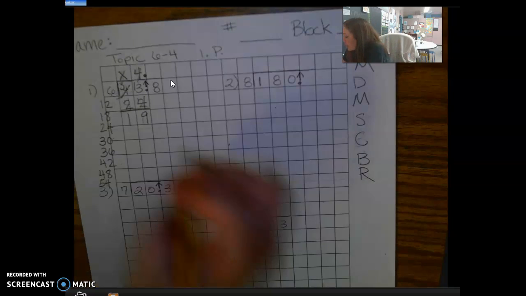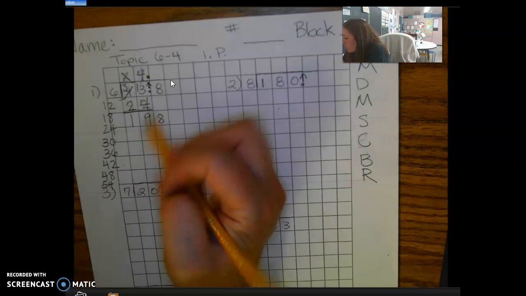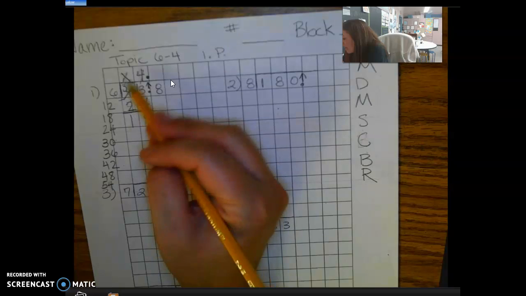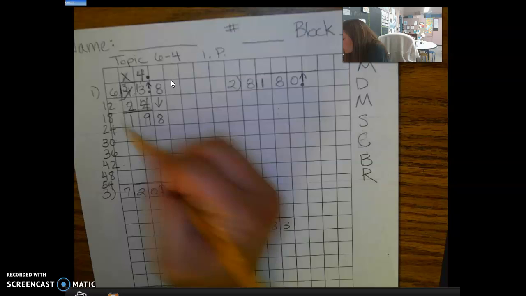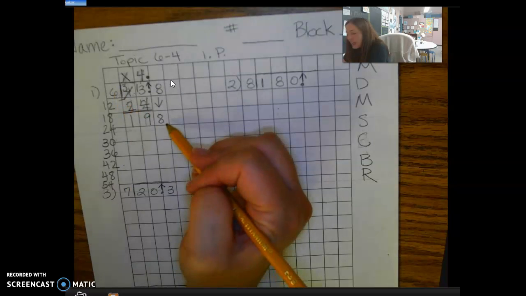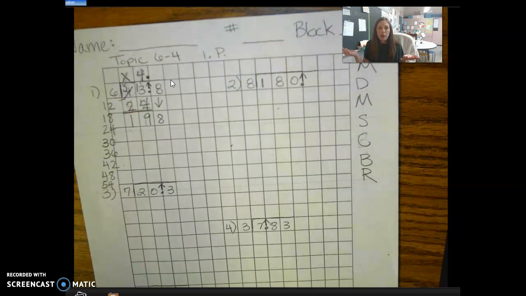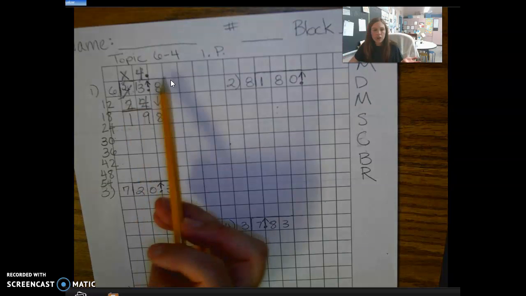Because at this point, once I bring down my 8, we're going to be trying to decide that 6 goes into 198. That's a number that we couldn't put up here because it would be over 10.